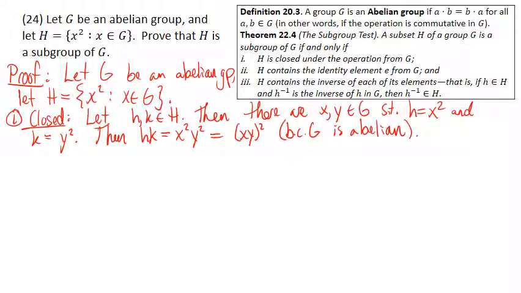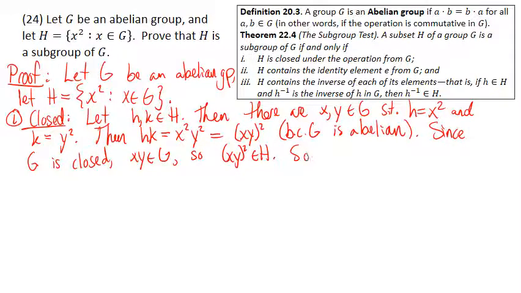And then we can say, since G is closed, that means little xy is in G. So xy squared would be in H, because xy is an element of G. Okay, so this means that little hk is in capital H. So capital H is closed.